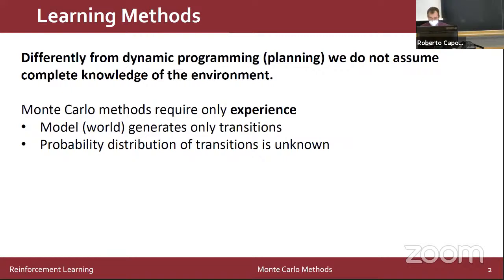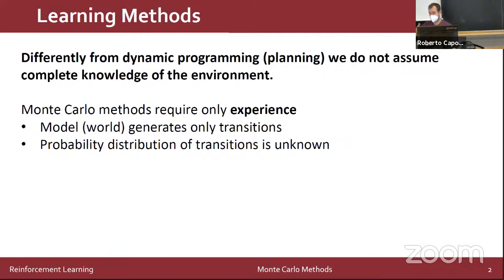And as with every reinforcement learning algorithm, Monte Carlo methods require only experience, which means that there is a world outside of the algorithm, outside of the agent, the true model, let's call it, that generates transitions when an agent takes an action.